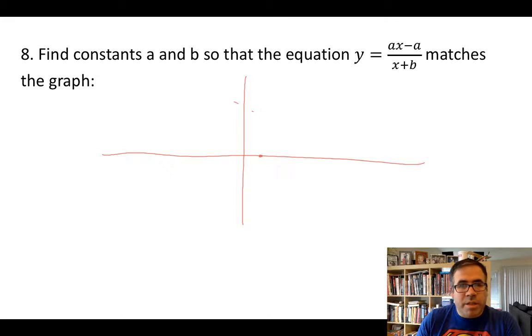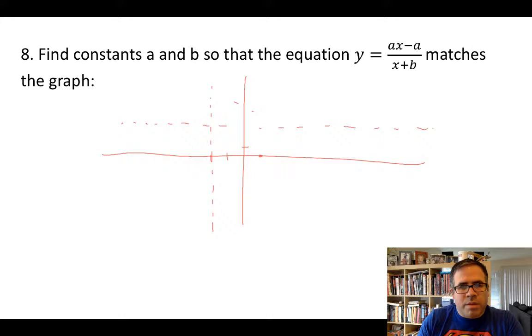And there are going to be horizontal asymptotes and vertical asymptotes, really one of each. So let's make one up right now. Let's put one with a vertical asymptote here, and a horizontal asymptote, this one was negative, so give it a positive horizontal asymptote, like that.